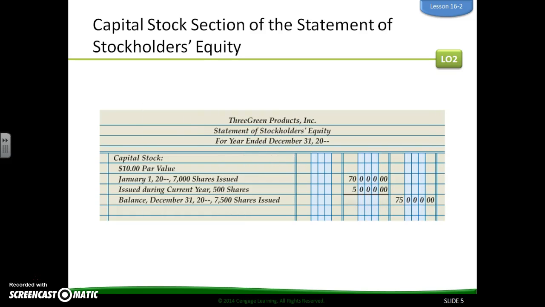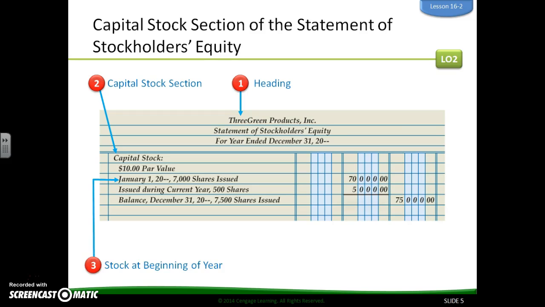All right, so the capital stock section of the statement of stockholders' equity. And remember, again, three green products, the name of the report, statement of stockholders' equity, and then for the year ended December 31st. And what you can see then is that we have capital stock with a $10 par value.